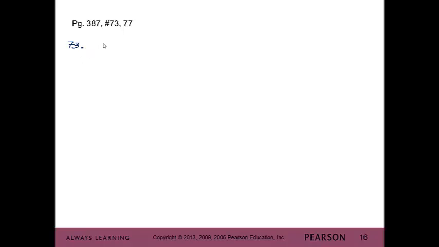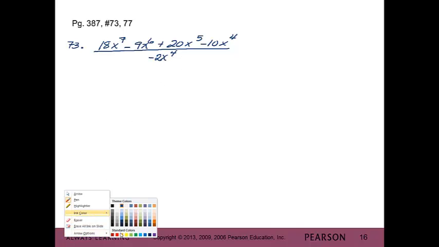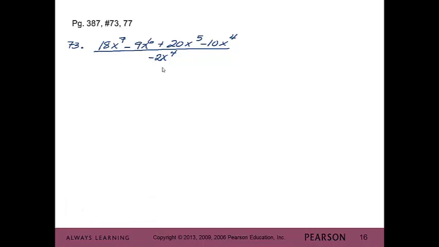For 73, we have 18x to the 7th power minus 9x to the 6th power plus 20x to the 5th minus 10x to the 4th, all divided by negative 2x to the 4th power. So the polynomial is on top and the monomial is on the bottom, and we're going to divide each term of our polynomial by your monomial.